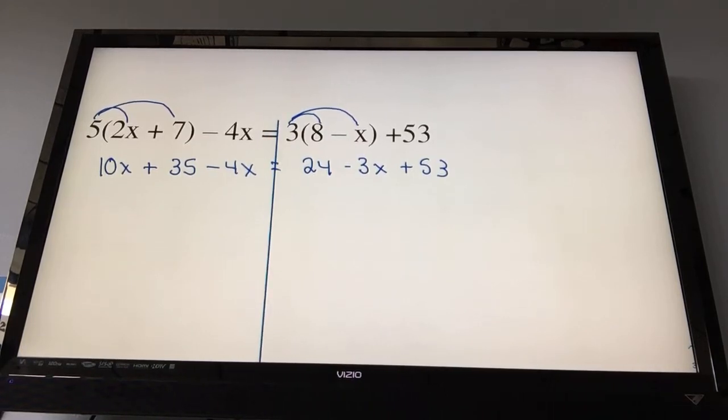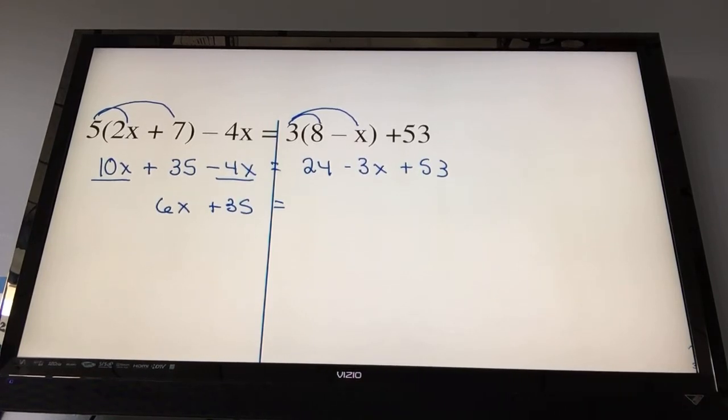This is like the biggest question we would have up to this point. On the left side of that line, what can I combine together? The x's. Yes. So I would put into my calculator 10 minus 4, 6x. What can I combine on the right side of the line?